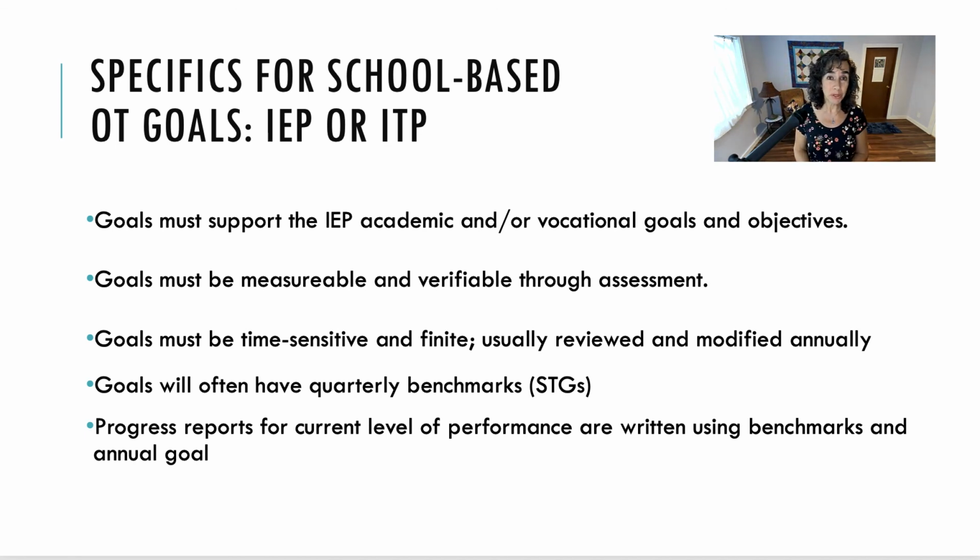That's the school-based way. And then progress reports for current levels of performance are written using benchmarks and the annual goal. The benchmarks are yet another word for saying short-term goals or objectives. It's just language of the schools. And so the short-term goals or benchmarks build up to the long-term goal.